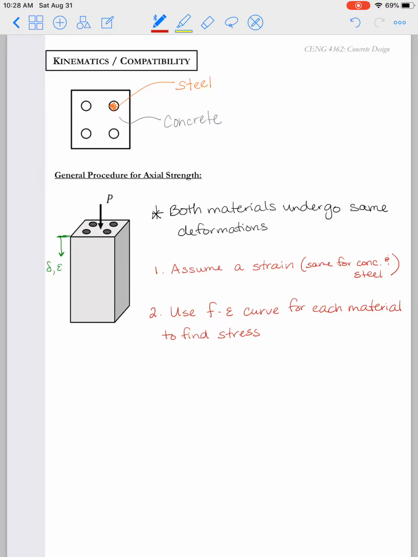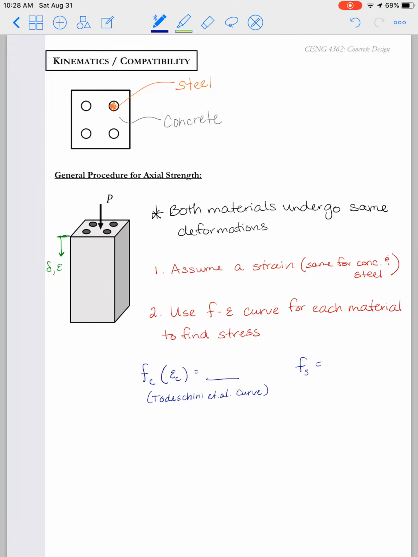So for concrete, we talked about the Todeschini curve. In this case, we take the assumed strain and enter it into some sort of function for the stress in the concrete. This was a parabola, and it had different variables, including epsilon 0 and f prime c, that would allow us to then determine the stress in the concrete at any strain.